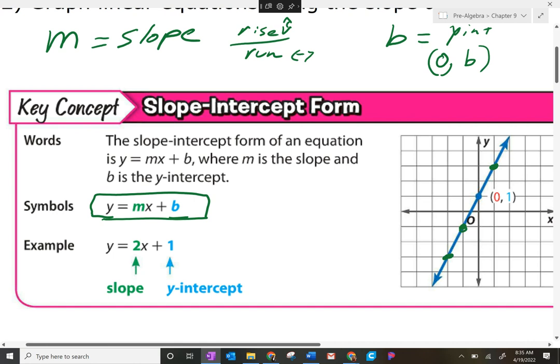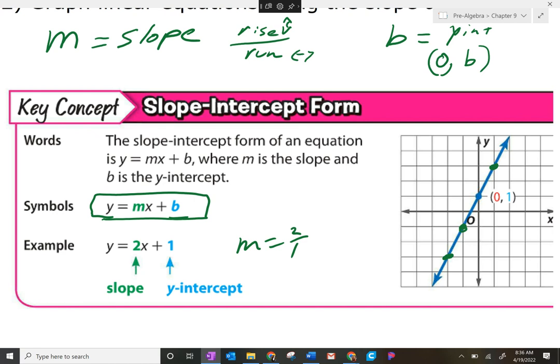To figure out the slope, my m is going to be 2. I don't have a number underneath it. What's an imaginary number underneath it? 1. Yep, so my slope is the same as saying 2 over 1, because 2 and 2 over 1 are the same thing.